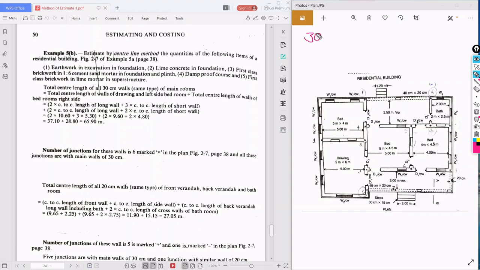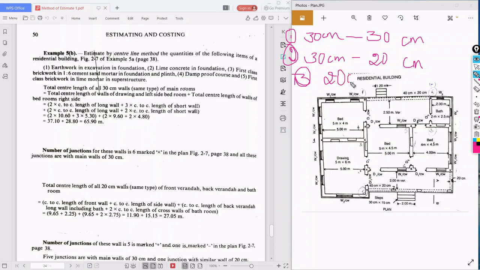The first junction is a 30 centimeter wall connecting with a 30 centimeter wall. The second junction is a 30 centimeter wall connecting with a 20 centimeter wall. Correct? Then the third one is a 20 centimeter wall connecting with a 20 centimeter wall.